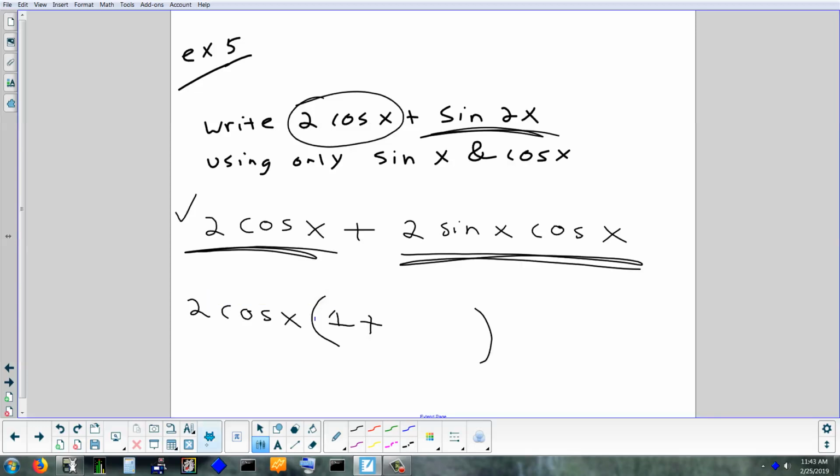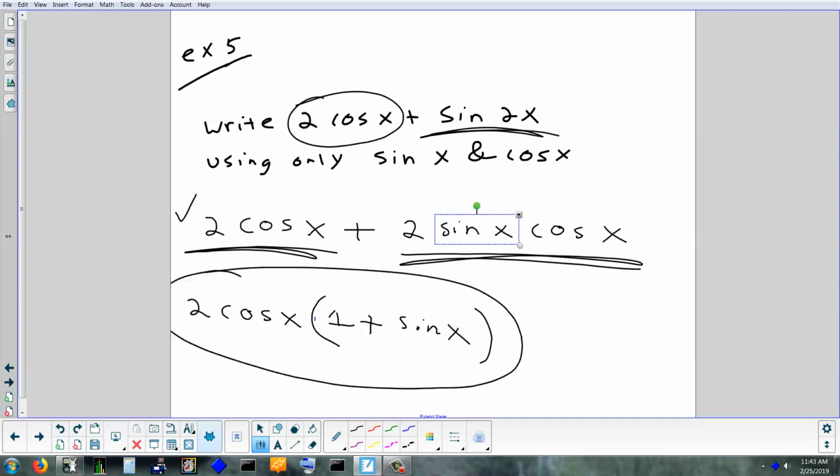And what would you put right here? So when you do 2 cosine x times what you tell me, you get what's underlined. Sine. Yep, sine x. Because 2 cosine x times sine x is 2 cosine x sine x. So that's the final answer in a factored format. That's also the final answer above it, not factored. They're both correct. But the bottom one you need to know for tomorrow.